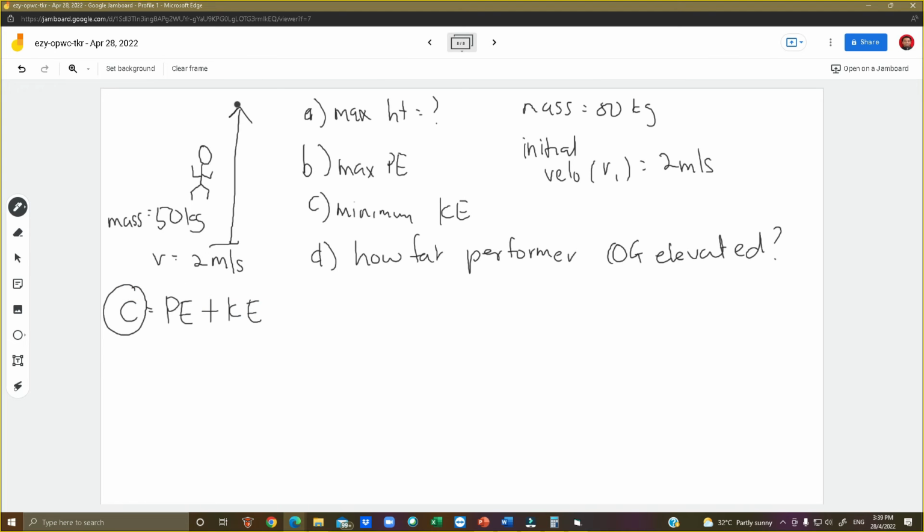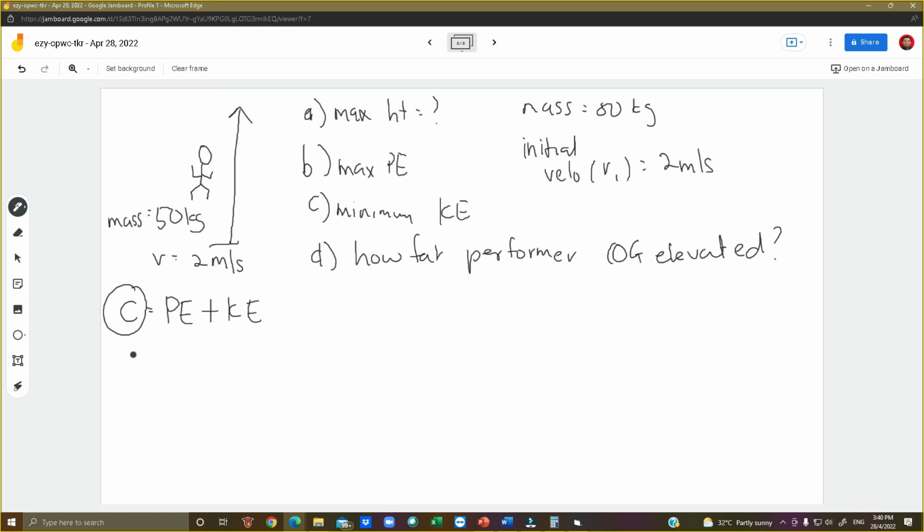Barulah kamu boleh tahu berapa tinggi, berapa laju, berapa berat ada dah. Okay. So we need to find C first and then only kita boleh selesaikan yang lain-lain ini. We need to know how much energy we have within the system dulu. Okay. So how we want to find out C?